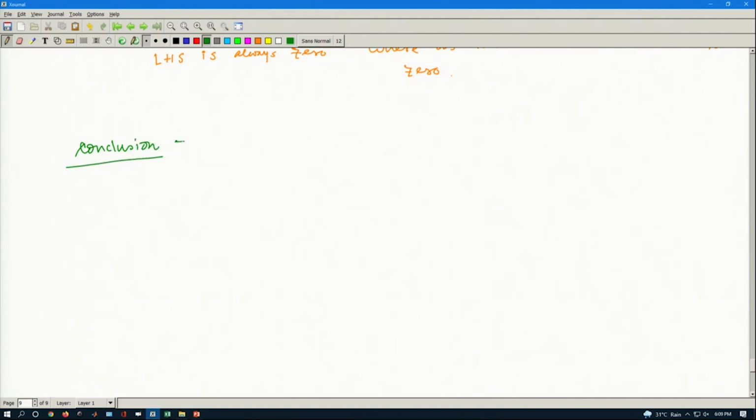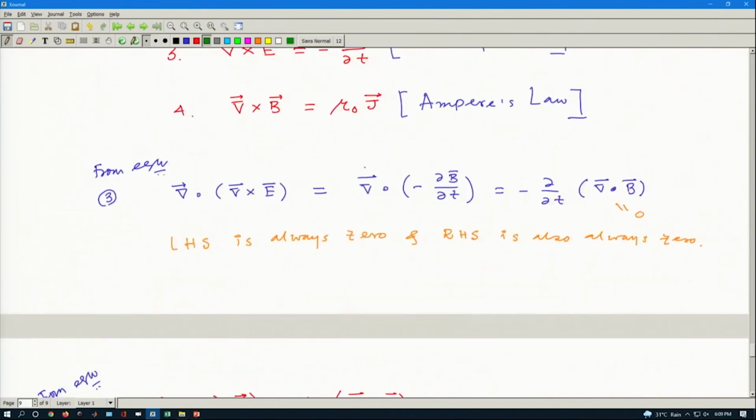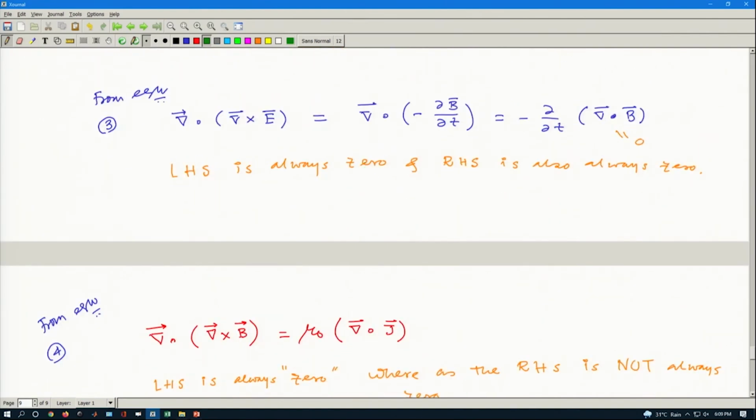From this treatment we can write that some serious modification is required in equation 4. Whatever the fourth Maxwell's equation we have, some modification is required.